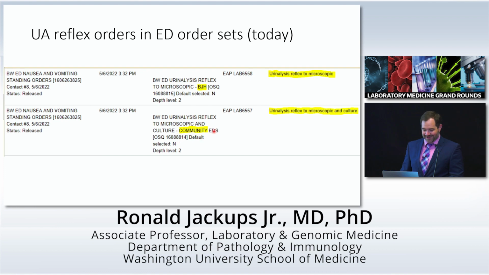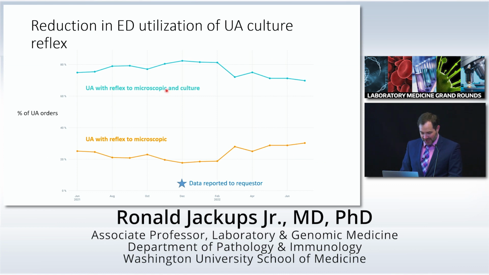But we noticed that the communities were still ordering cultures. But when we look at just BJH, after we reported this data to the requester and they made the changes, you can see there is a significant shift in the percent of the reflexes that were for culture versus microscopic.